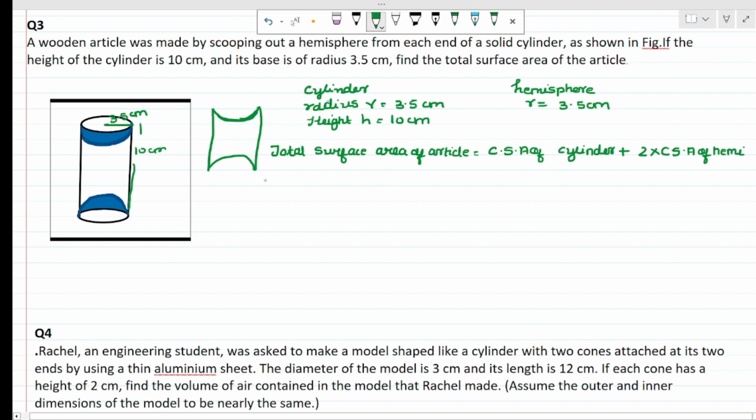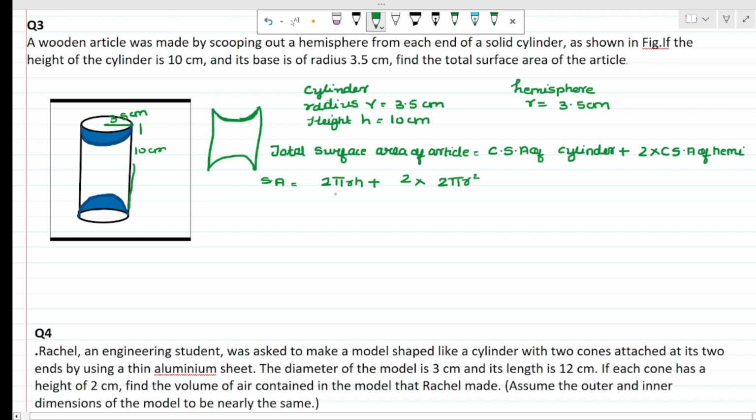So the surface area equals the curved surface area of the cylinder, 2 pi r h, plus the formula for the hemisphere. It's hollow, so you will write 2 pi r square.